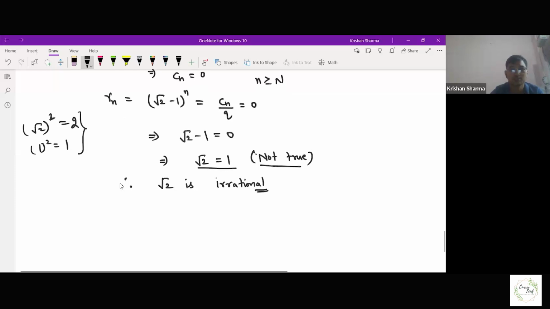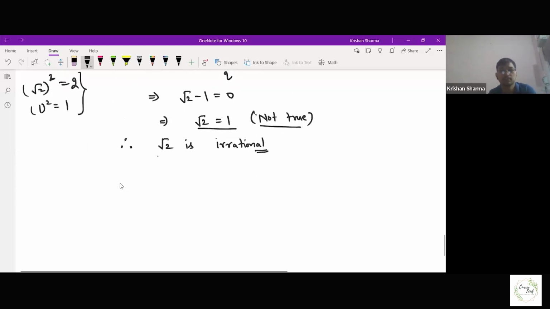So I hope you are clear with the proof that square root 2 is irrational. Now, in the proof, you don't know what a factor is, but you're still able to prove it. You don't know what prime numbers are, you're still able to prove it. For the division part, you need division, but you didn't need any divisibility property here. But for the definition part, you use that.